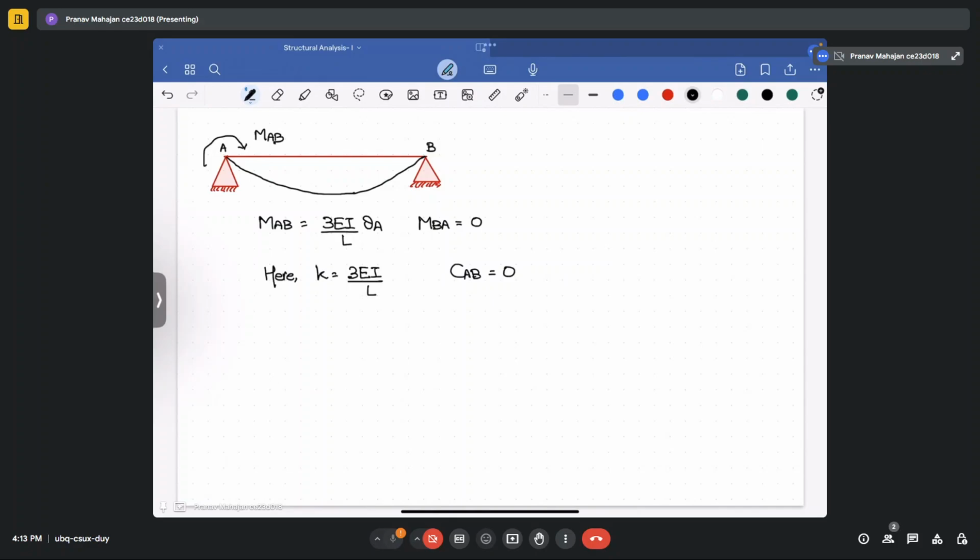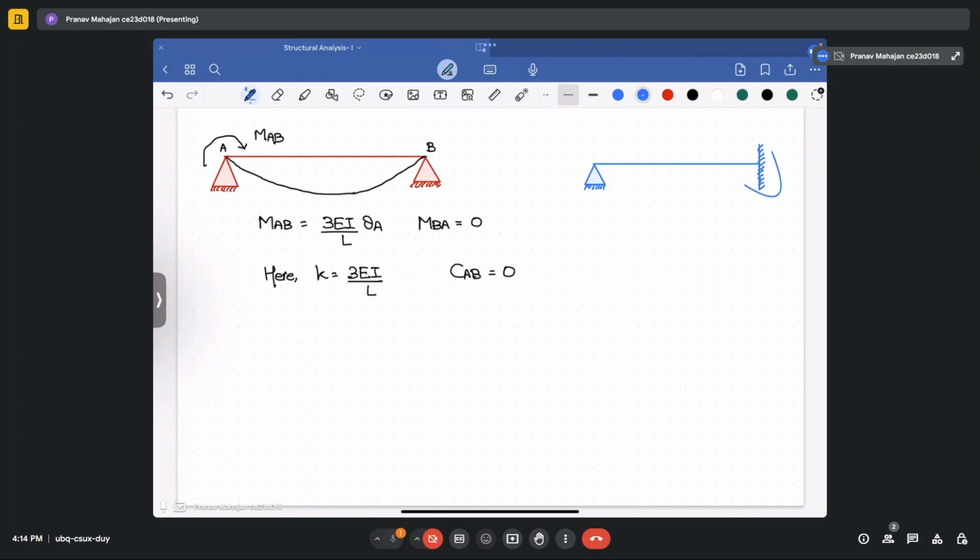So what will happen if you apply, in a prop cantilever beam, the moment not at the hinge end, but at the fixed end?